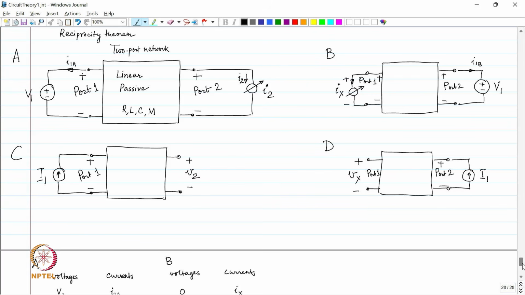In one case, I had a voltage source and an ammeter at port 2, and in the other case I had a voltage source at port 2 and an ammeter at port 1. I just interchanged the two components. The graph of the circuit is exactly the same. This is the premise of Tellegen's theorem.